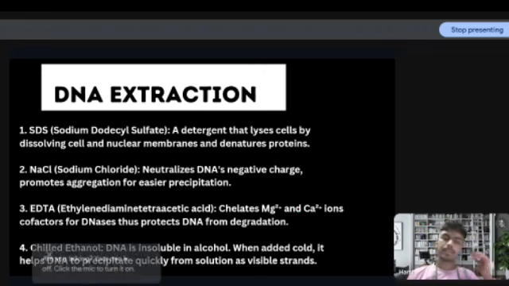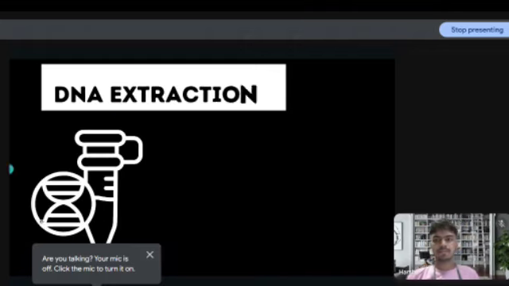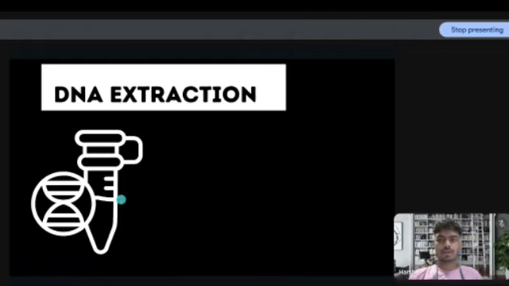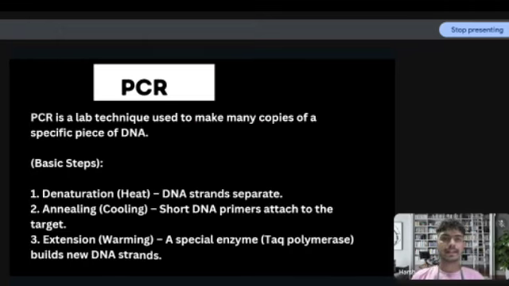So these are the methods through which we can actually perform DNA extraction, and this is one of the photographs through which DNA will be precipitated upwards and then it can be collected, and further it can be taken for the polymerase chain reaction PCR technique, which makes multiple copies of a DNA.